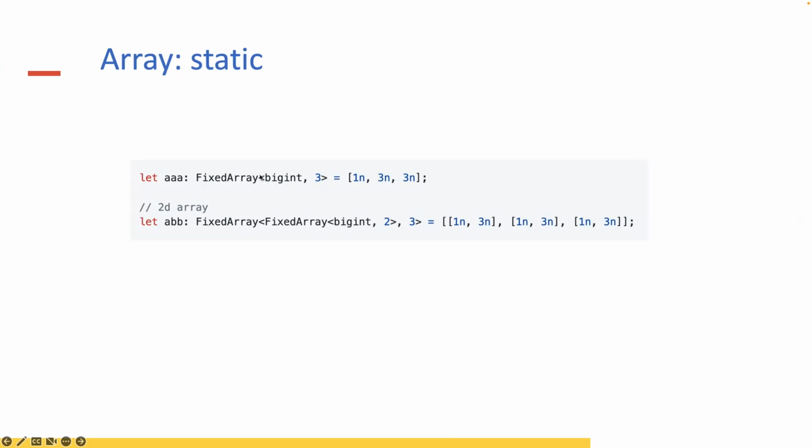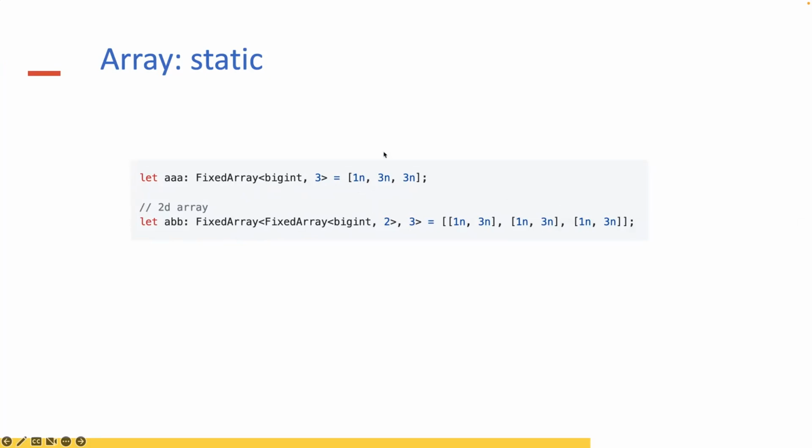The first one is a generic type. You instantiate it with the element type, for example bigint, and the size. So you cannot use normal, arbitrary arrays. If you want to use an array, you have to use this fixed array in our case. You can have a one-dimensional array, of course a two-dimensional one, and you can also initialize it with an array syntax like this.